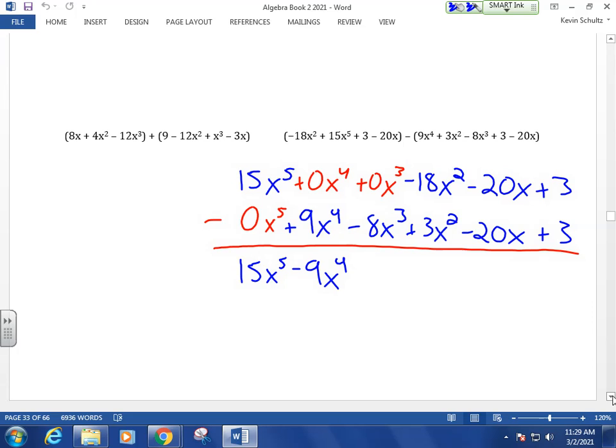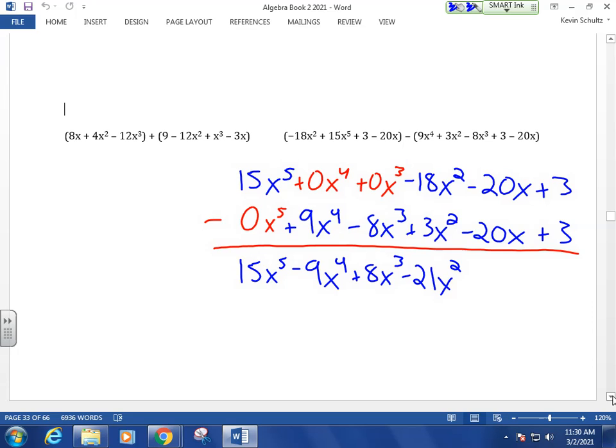How many x cubes do we have? 8 of them. Positive. 0 minus negative 8 is a positive 8. How many x squareds do we have in our answer? Negative 21. Negative 18 minus positive 3 is a negative 21x squared.